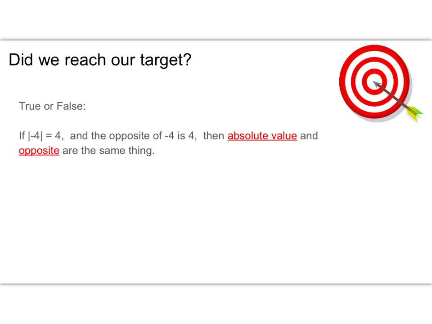Alright, so here's a final question for you. True or false? If the absolute value of -4 is equal to 4, and the opposite of -4 is 4, then absolute value and opposite are the same thing.